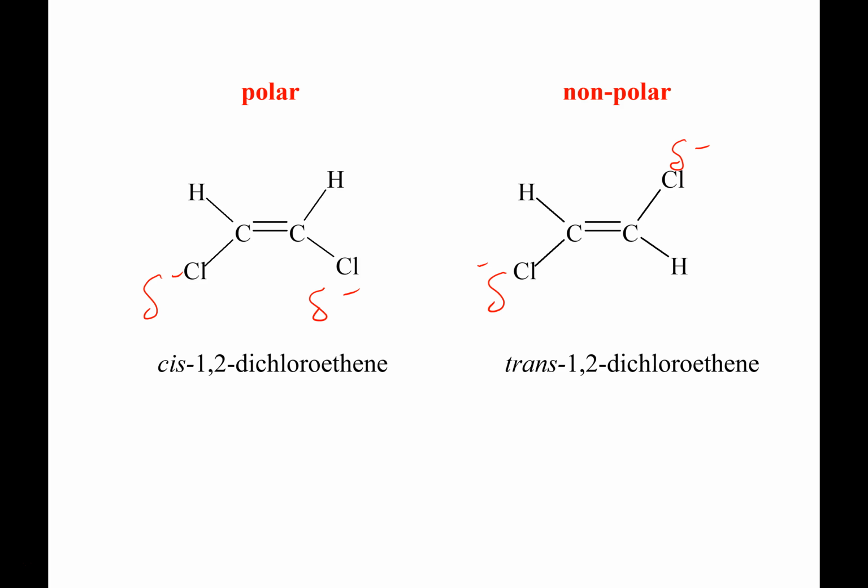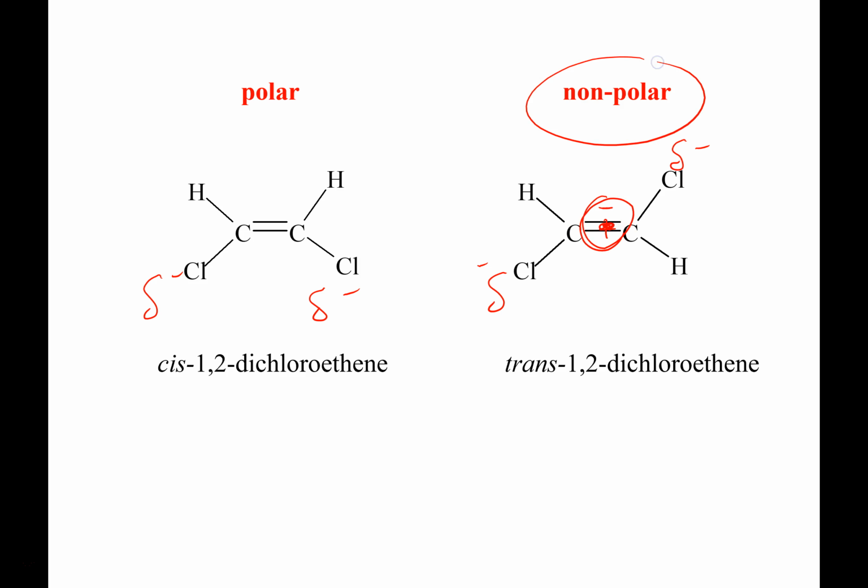Can you see spatially, if these are the two hot guys, where is the middle of these two chlorines? Right here. So that's the center of general negativeness, and I could make a case that the center of positiveness is also there. That's why that molecule is not polar.